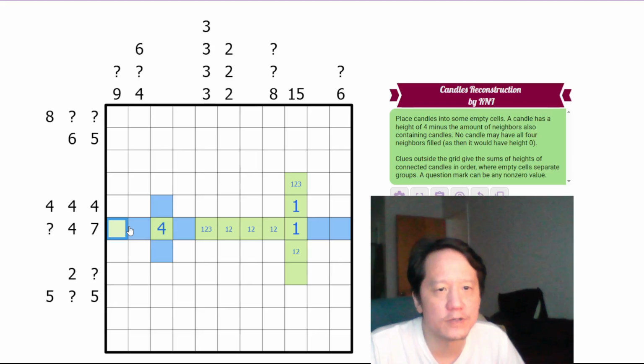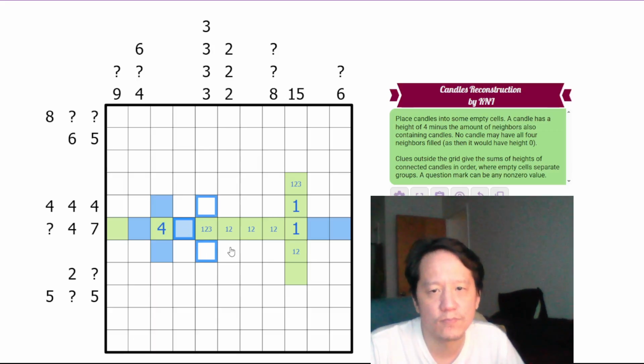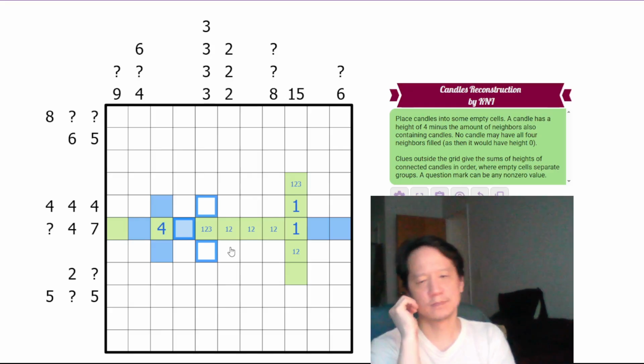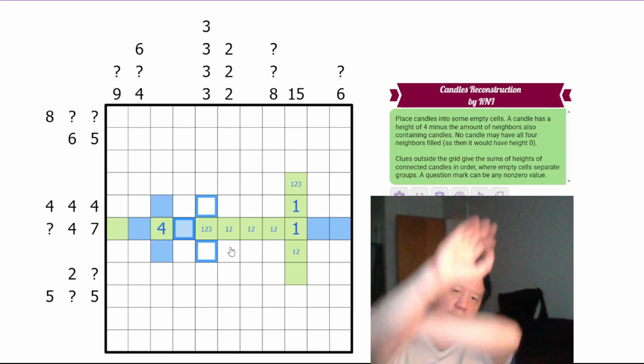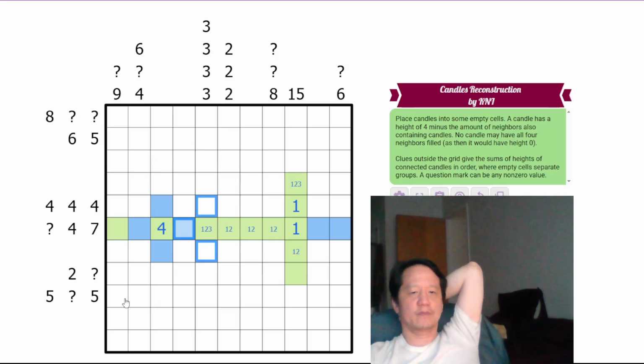This we don't know. This could be 3, in which case then all of these don't have candles in it. Here, the 5 has to be 2 in size.